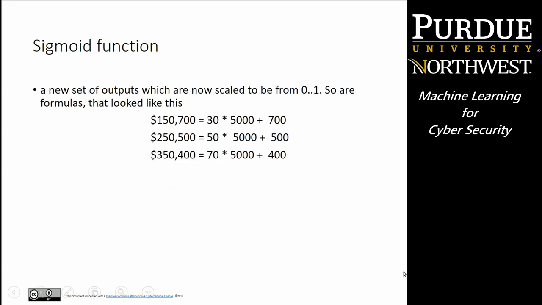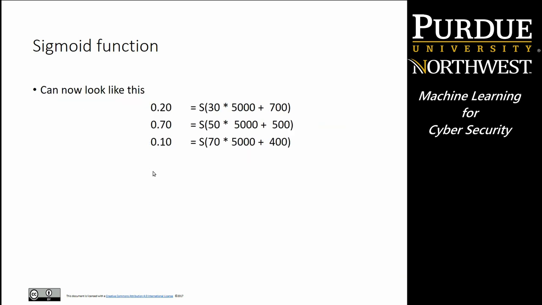So a new set of outputs which are now scaled to be from 0 to 1. So our formulas that look like this, right, now can look like this. Right? So now they can be modified to be within this range, values between 0 and 1.